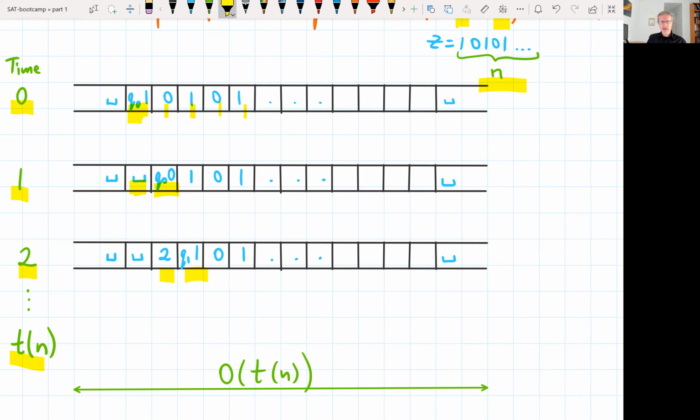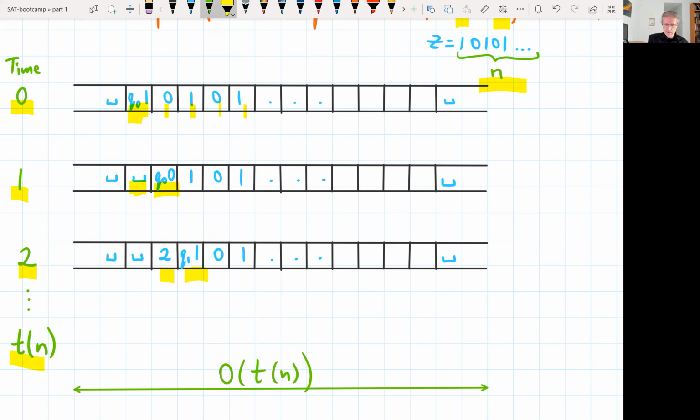The strings that you need will be of constant bit size because the tape alphabet of my Turing machine is by definition some constant size. And the number of states on my Turing machine is by definition of constant size. So I only need constantly many bits to represent all of those things in binary.